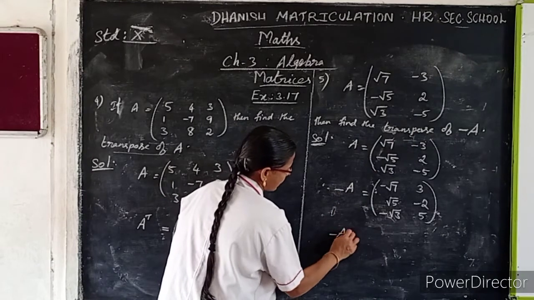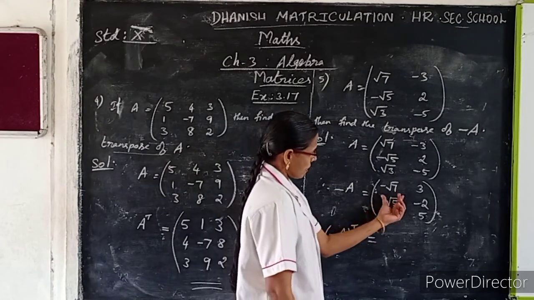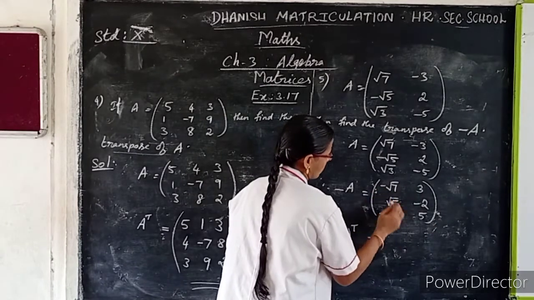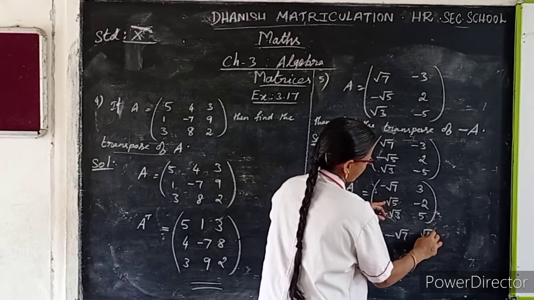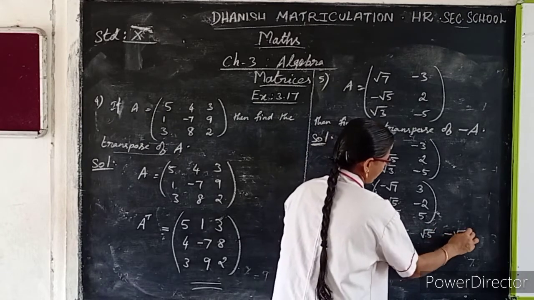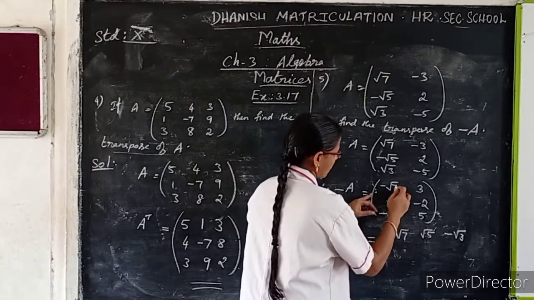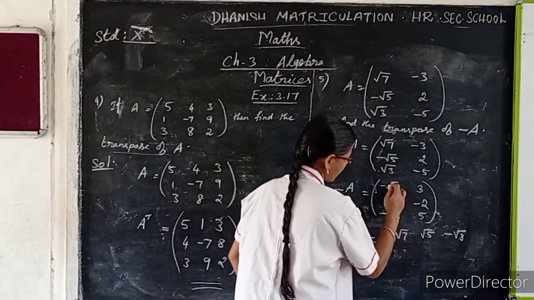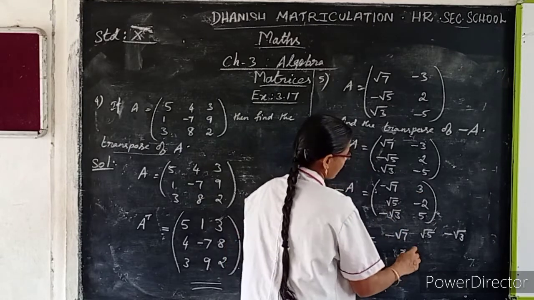So minus A transpose equal to, now write the column as row. So minus root 7, root 5, minus root 3. This is the first row. Now the first column is minus root 7, 3.